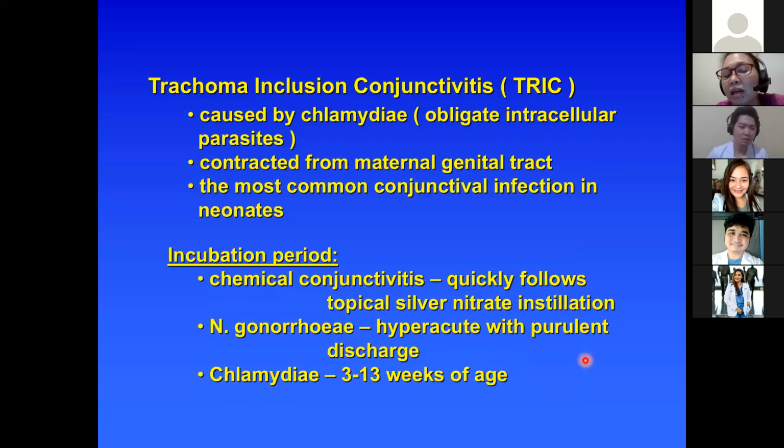Kaya hindi na yan ginagamit, kasi irritating yan sa conjunctiva. Then, in Neisseria gonorrhoeae, it is hyperacute with purulent discharge, usually 1 to 2 days nandyan na yan. Chlamydia, mas matagal. Minsan 3 days to 3 weeks of age na ang baby before magkaroon nito.